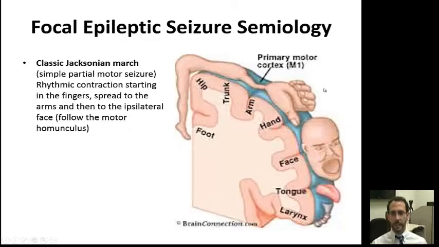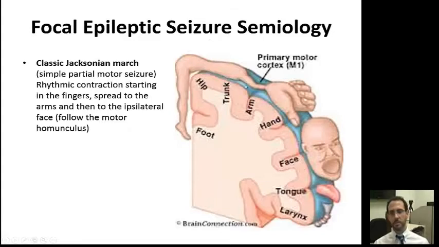You can see the hand has a big territory in the distribution of the cortex. The face also carries a huge distribution in the cortex as well. There's a small spot for the tongue down here, and as you go to the medial side of the hemisphere, that cortex is also controlling the foot as well.